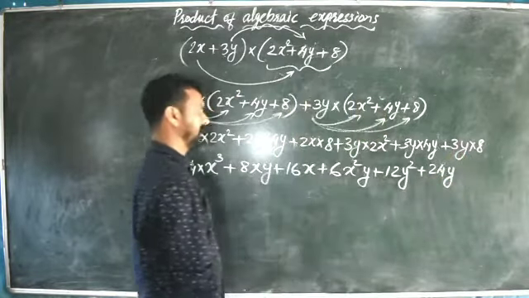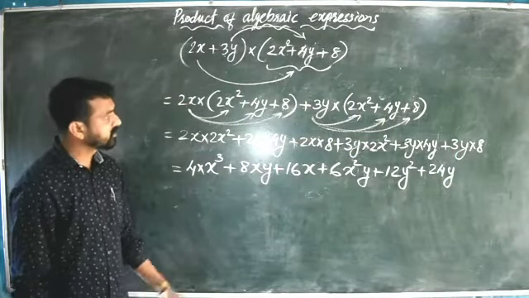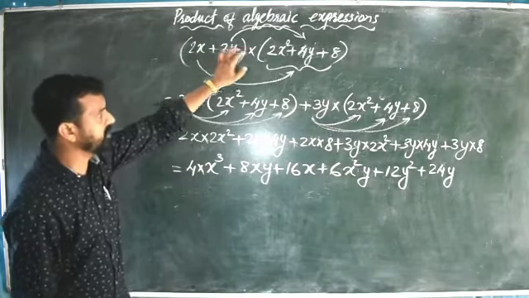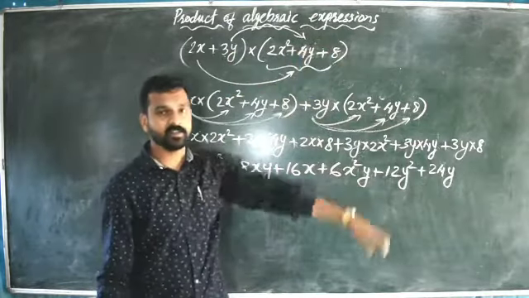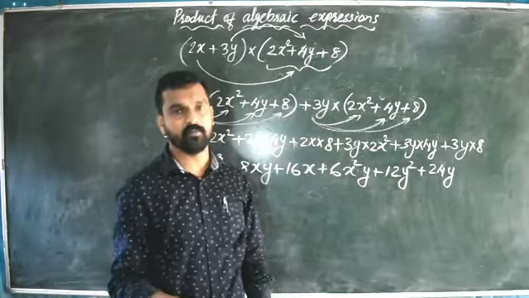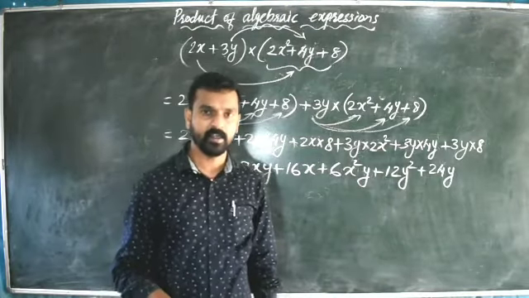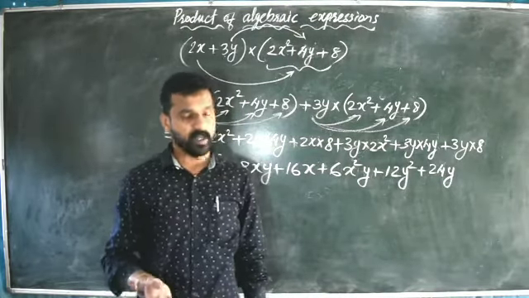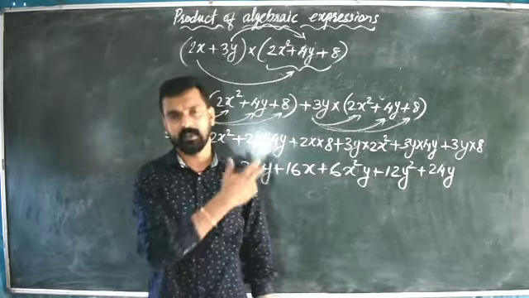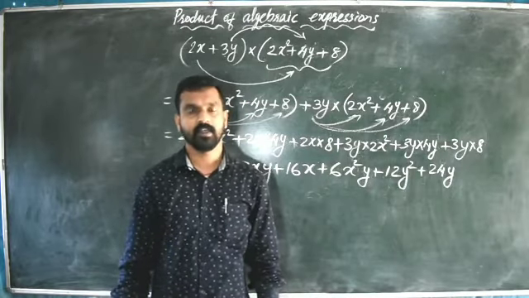So that is the answer here. So this way we can multiply a binomial into a trinomial. The same way we can multiply a binomial into a polynomial, or a trinomial into a polynomial. The same way we will multiply all the algebraic expressions.